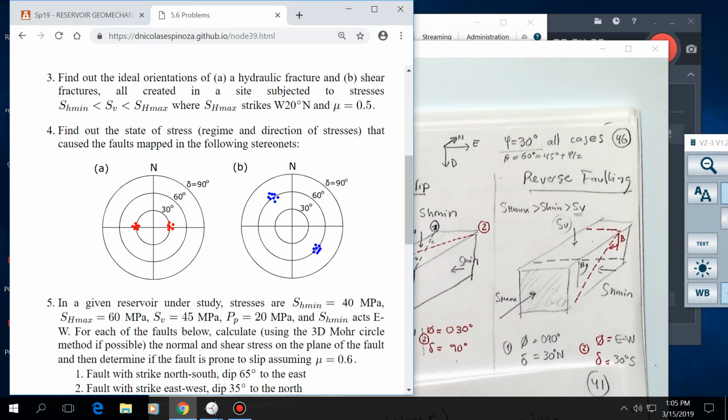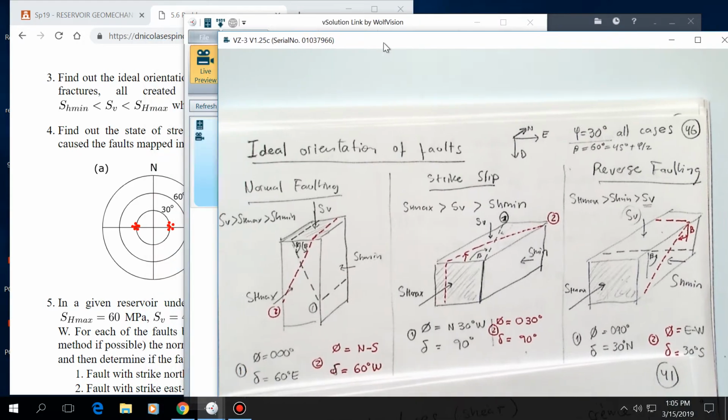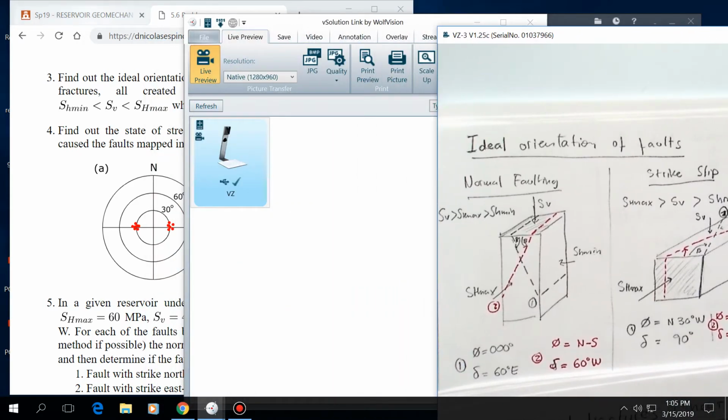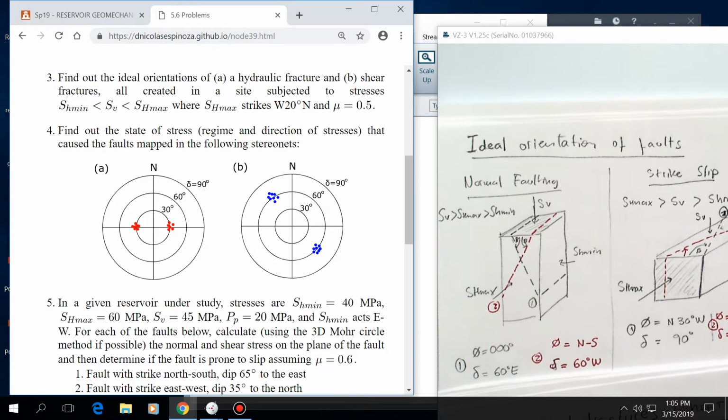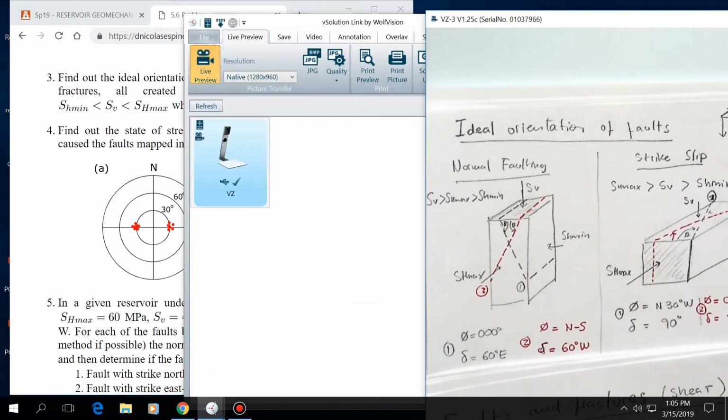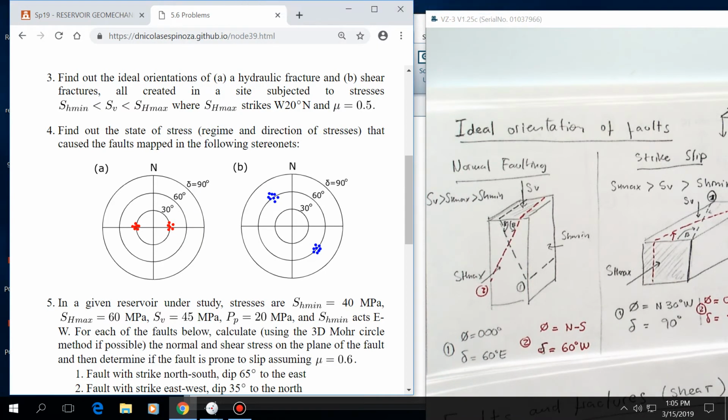So in this case, this is going to be the strike of the two sets of faults, and if I know they have a dip of more or less 60 degrees, I would tend to think that the most likely scenario for those faults is normal faulting with SH min going in this direction.